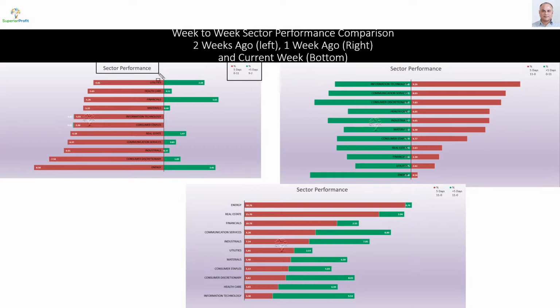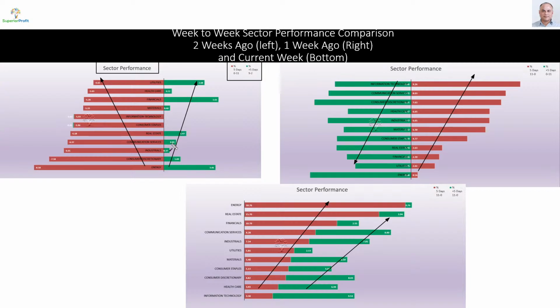This is from 2 weeks ago. So that time the market turned down from bullish to bearish. That is 2 weeks ago. Then 1 week ago, from bearish, it turned to bullish. And this week, from bullish, it became even more bullish.